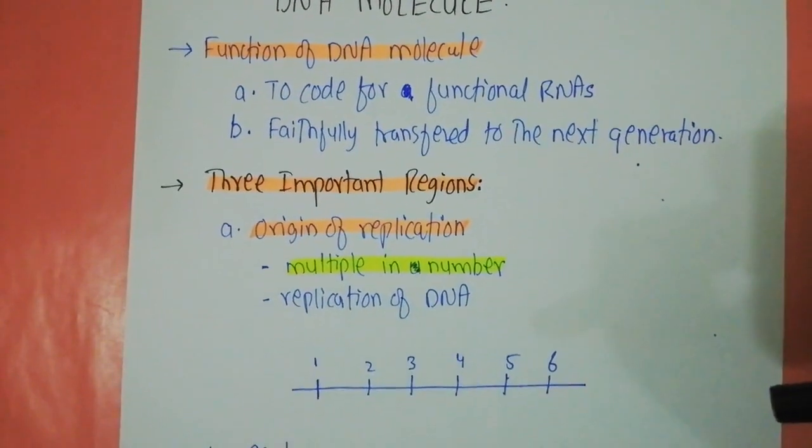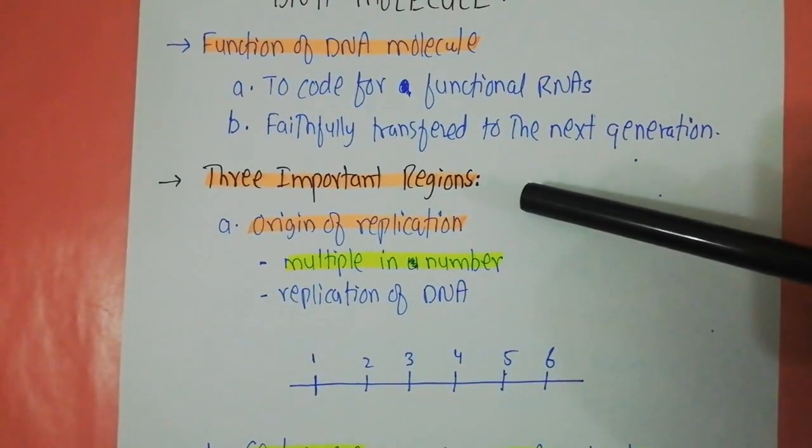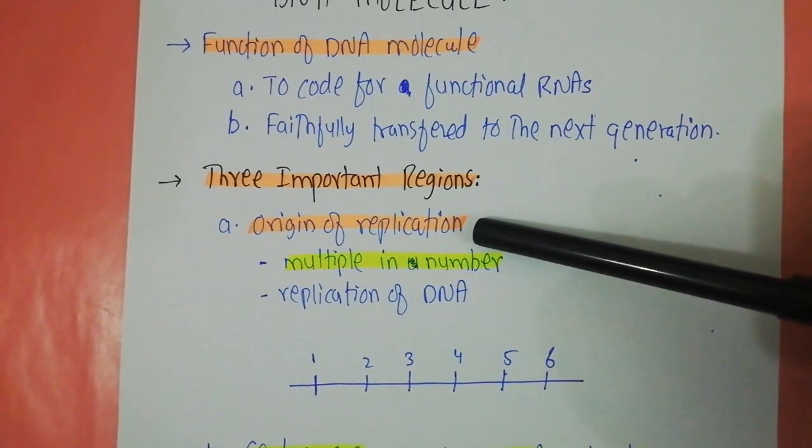The first important region that should be present in a DNA molecule is the origin of replication. As the name indicates, these are the origins from where the process of replication starts.